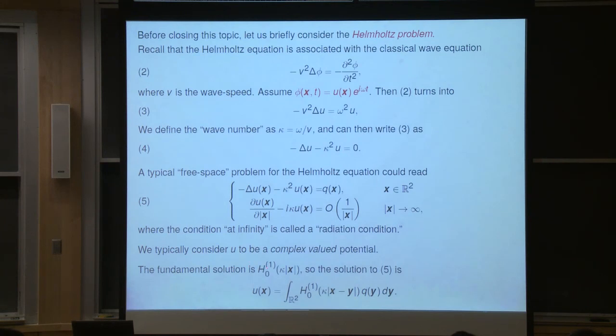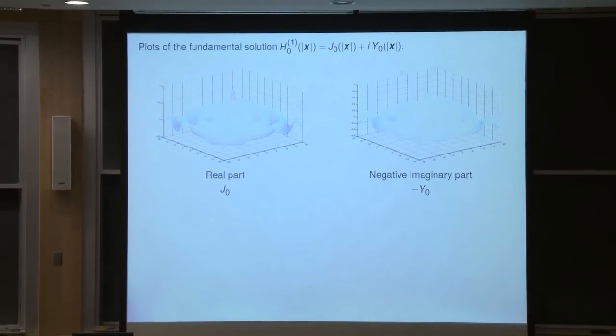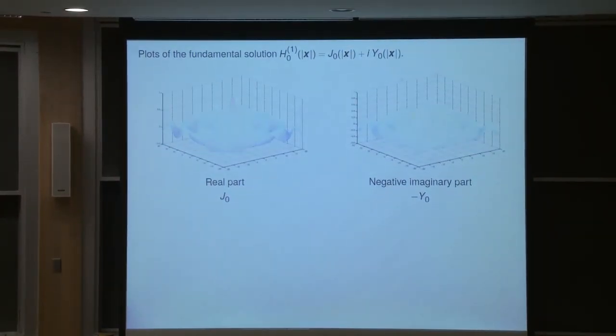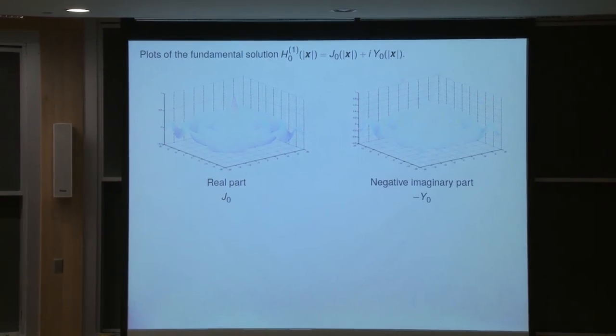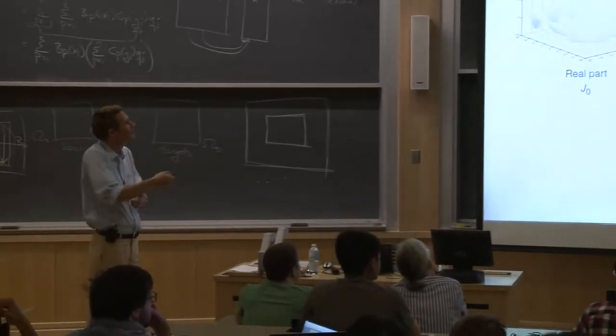And now the fundamental solution you can show is this Bessel function, H0. And other than that, the solution formula looks just like for Laplace. So for Laplace, we had log here. Now we have this Bessel function. Let's look at what its behavior is. So here's the real part and the imaginary part of H0. Notice the oscillations here. These are all the solutions to wave equations, so they have to be oscillatory, right?